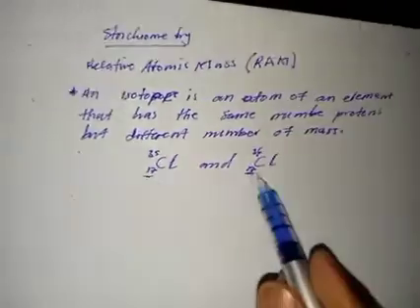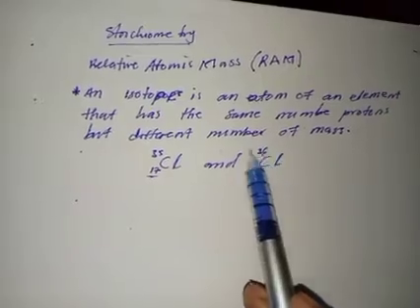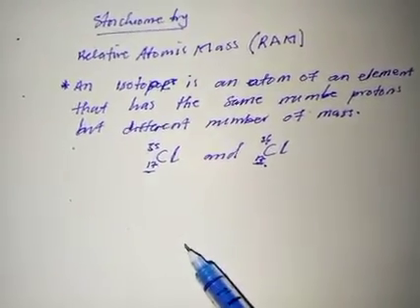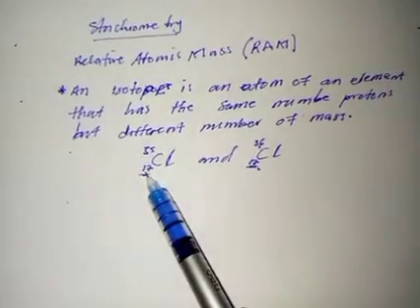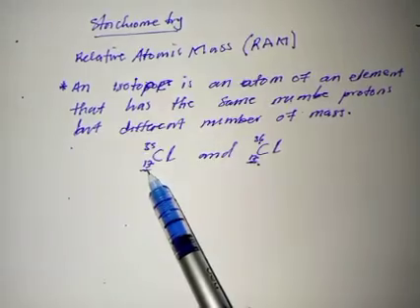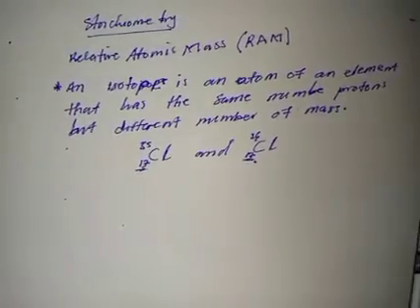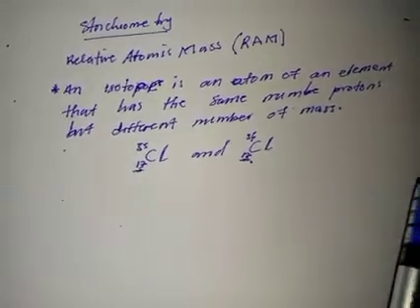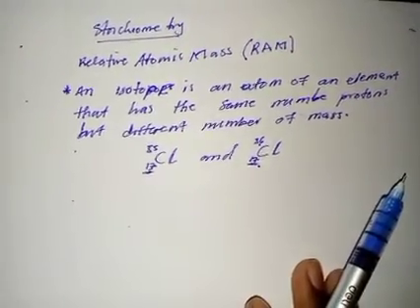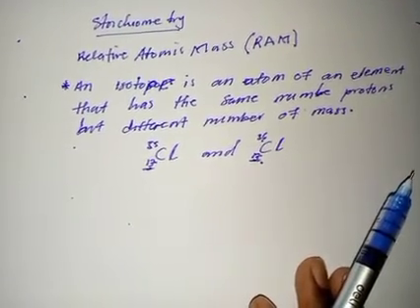Like for this one, if you want to find the mass number, you add this plus that, divided by 2, and that becomes the average of its mass. So we have two different isotopes of chlorine with the same proton numbers but different mass numbers. Basically, our main aim is to know how to calculate the relative atomic masses. Relative atomic masses can be calculated in two different scenarios.